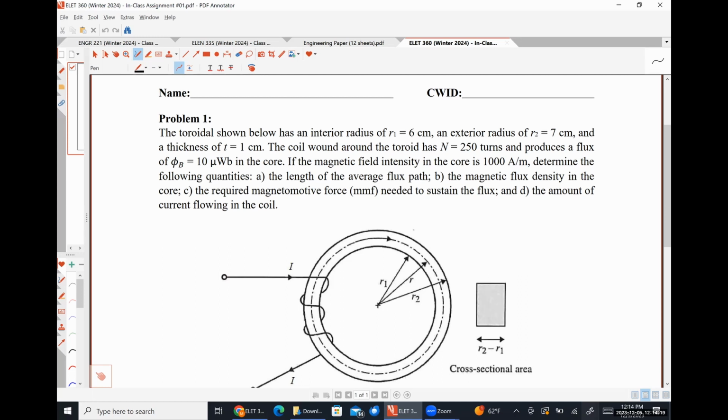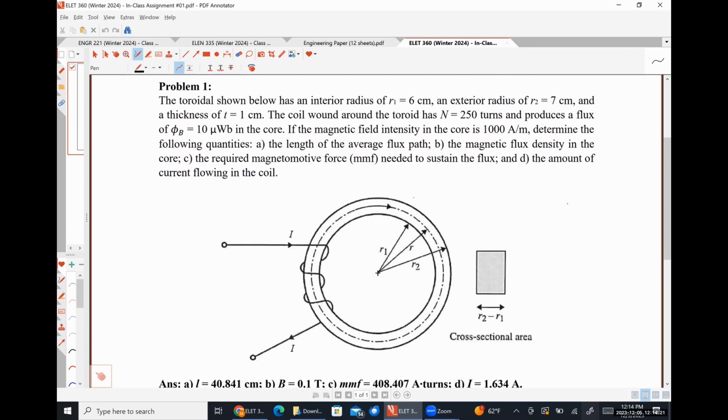So for us, that's going to look like the quantity R1 plus R2 divided by 2 is the average radius, right? So for us, that's 6 centimeters plus 7 centimeters over 2, which is 6.5 centimeters.